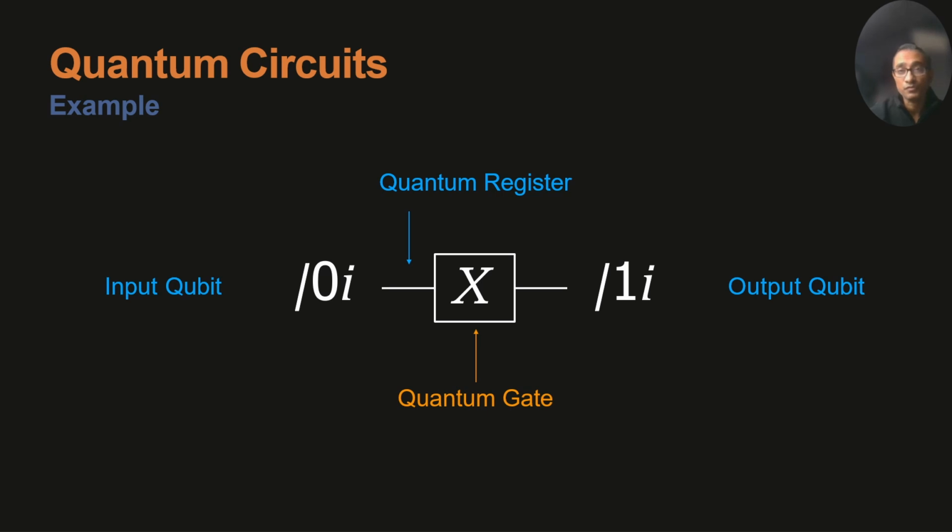The concept of quantum gate is something we have seen in the last video of this series. And then it will generate an output. In this case, it is changing the output to state 1 because we are applying what is called an X quantum gate. So what is an X quantum gate?